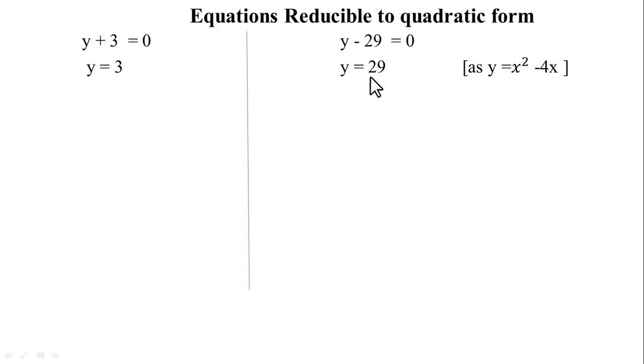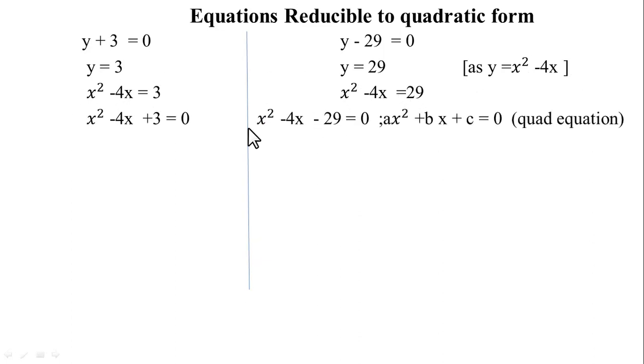But we let y be equal to x square minus 4x. So we change y into the original variable. In the original variable we put x square minus 4x is equal to minus 3 and x square minus 4x is equal to 29.